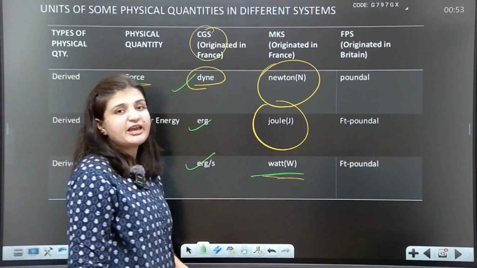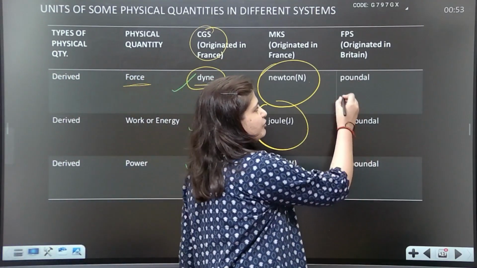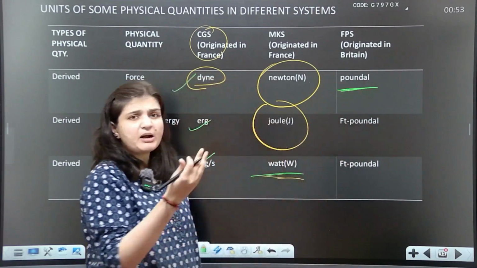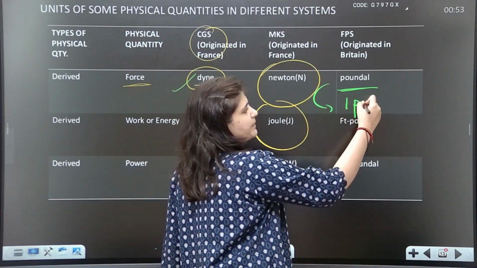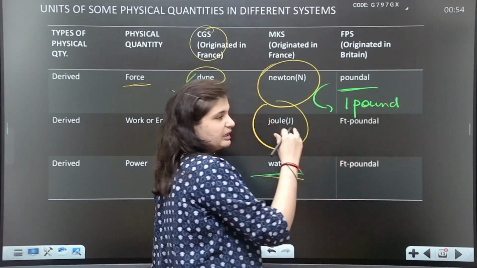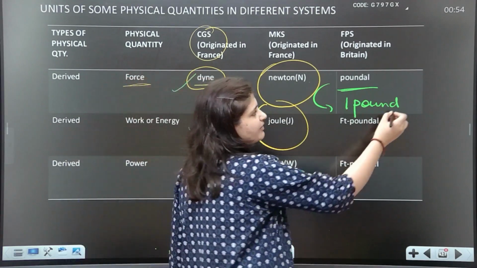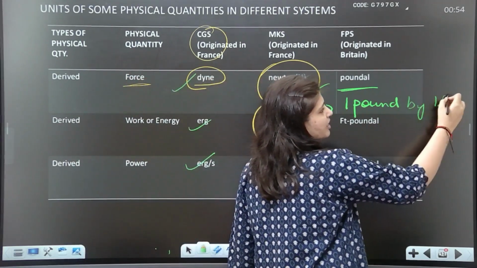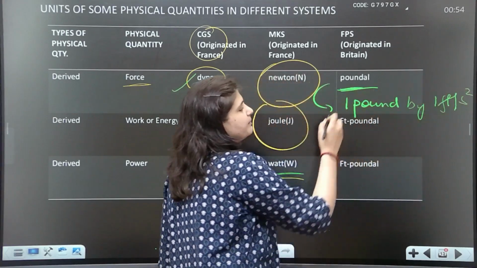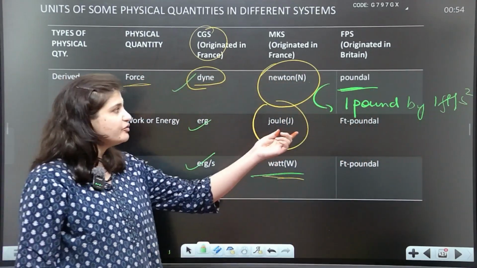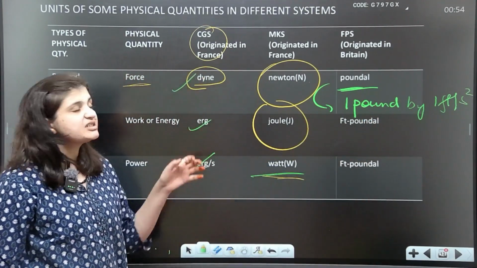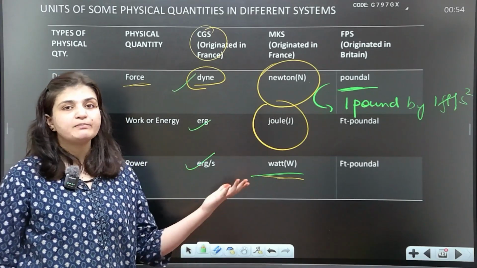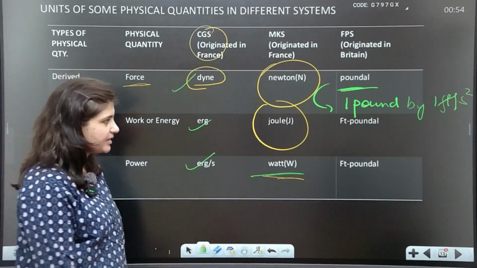Now what about the FPS? In FPS we have the poundal. What is a poundal? One poundal is the force required to move a substance of 1 pound by 1 foot per second squared.